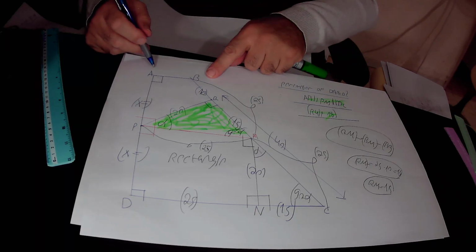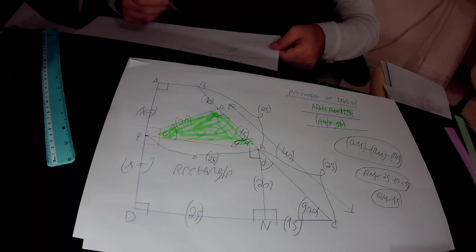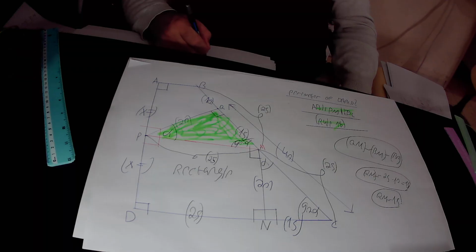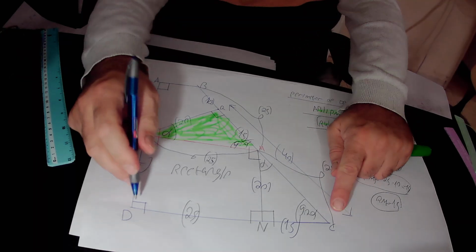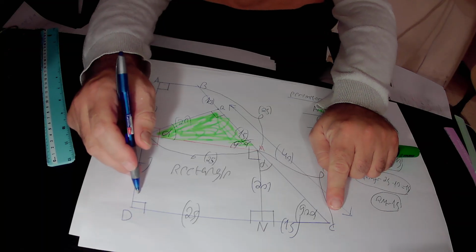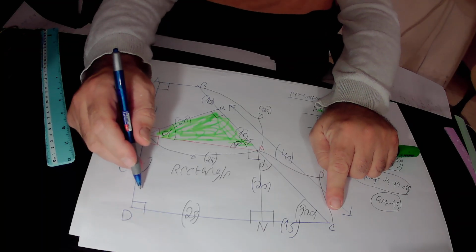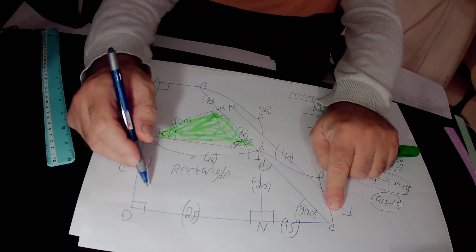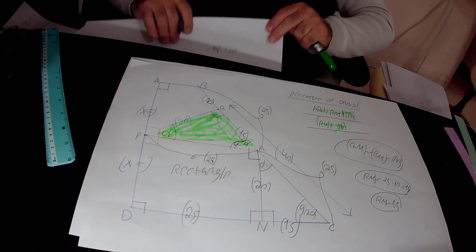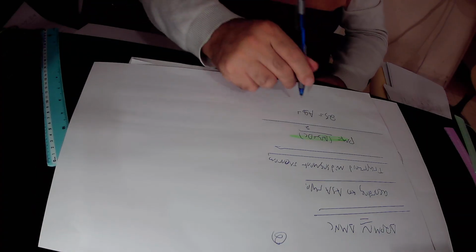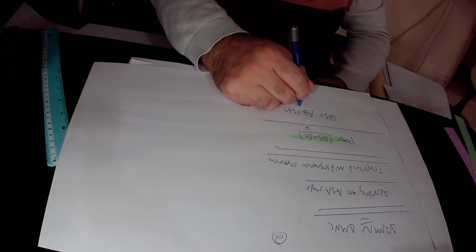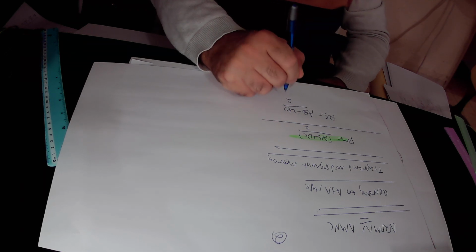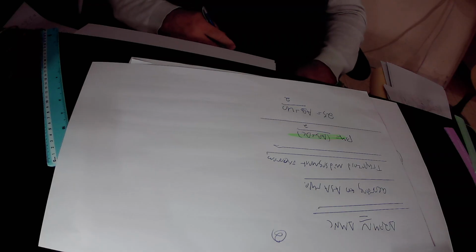And it equals AB, the missing side, plus DC. DC in total equals DN, that is 25, plus NC, that is 15. So this equals 25 plus 15, that is 40, over 2. So 25 equals AB plus 40 over 2.